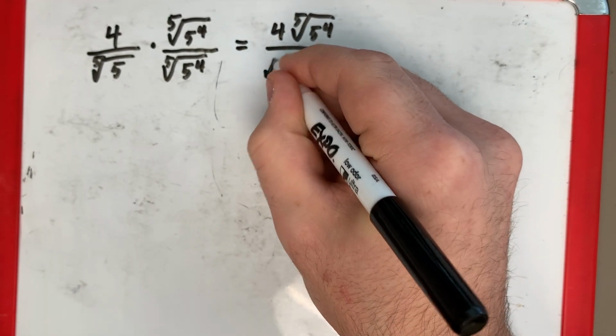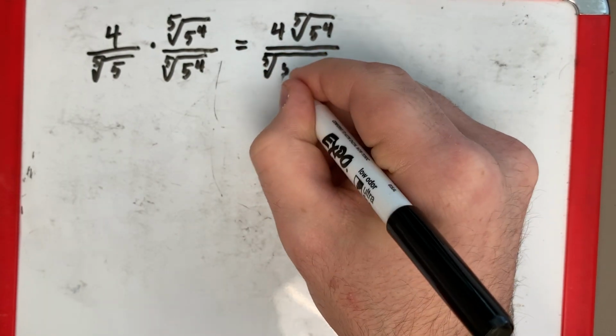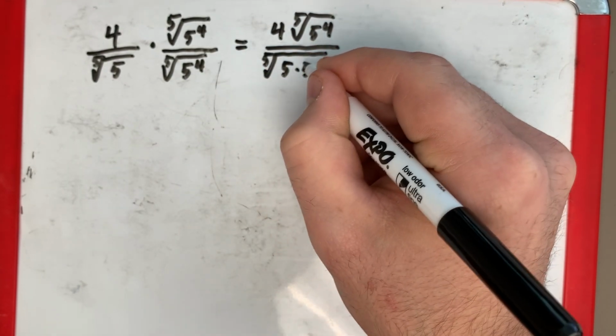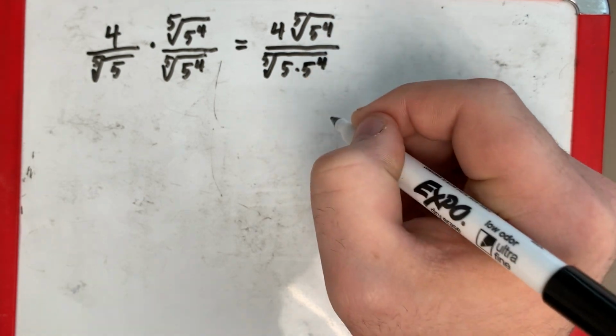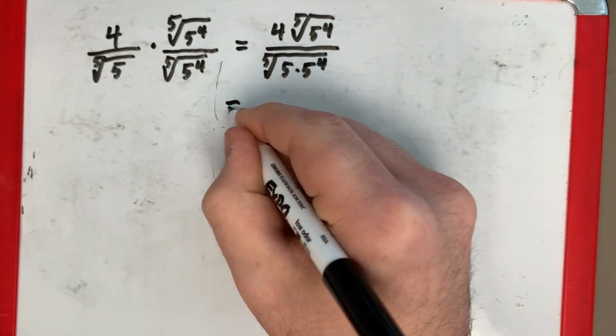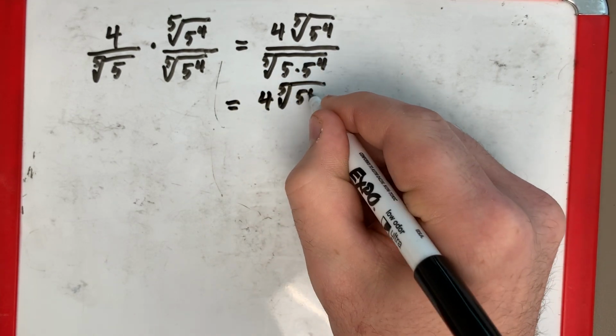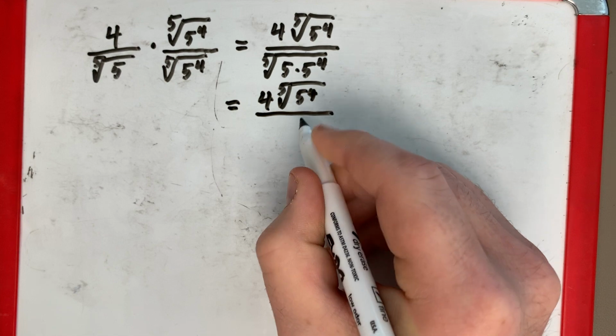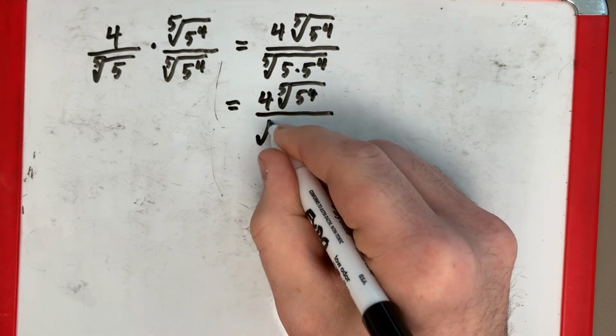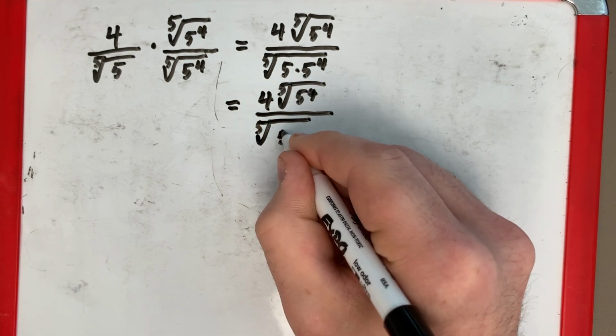So I have the 5th root of 5 times 5 to the 4th. Okay, that simplifies, just copy pasting the numerator, nothing unusual going on here. This denominator simplifies to the 5th root of 5 to the 5th.